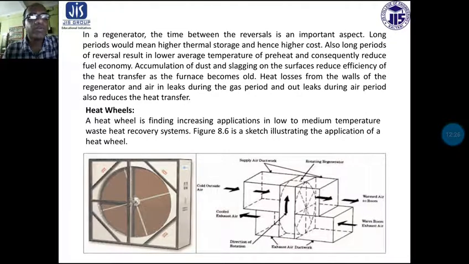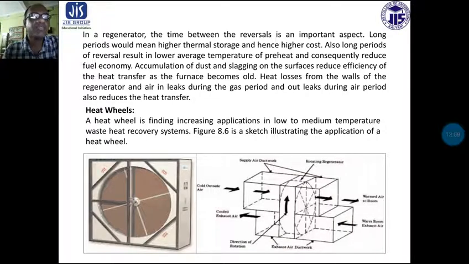The overall efficiency of sensible heat transfer for this kind of regenerator can be as high as 85%. Heat wheels have been built as large as 21 meters in diameter with air capacities up to 1130 cubic meters per minute.